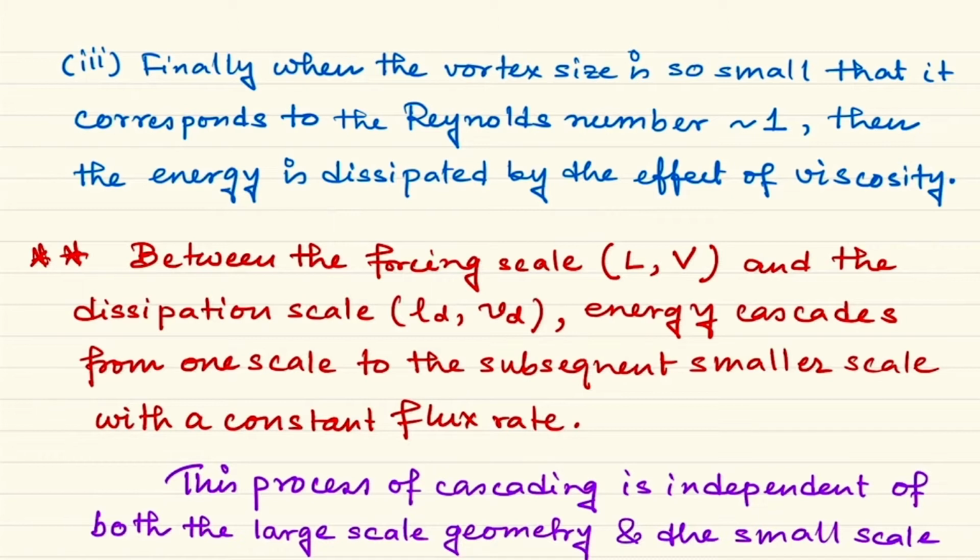We are just saying that we believe the turbulent system should behave like that. So energy can cascade up to the extent where the Reynolds number is of the order of 1, and at this point the corresponding length scale is called the Kolmogorov scale.